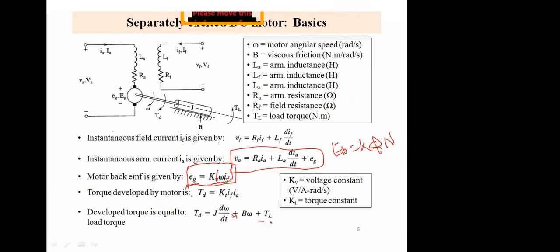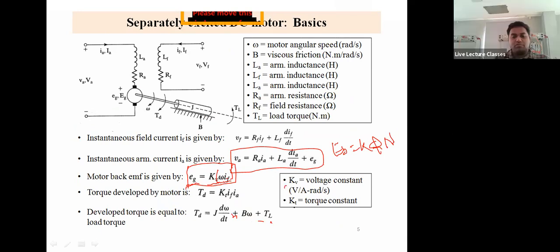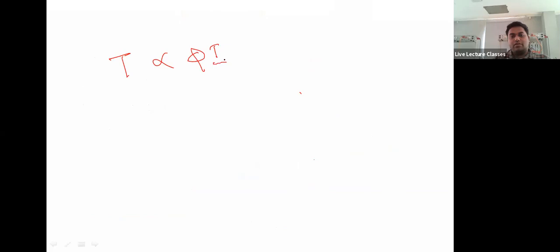And then we have the torque developed by the motor, KT IF IA. Let me show you. The torque developed is phi F into IA. That is, the torque is developed due to the Lorentz force, which is basically a combination of this field flux and IA, that is the armature current.